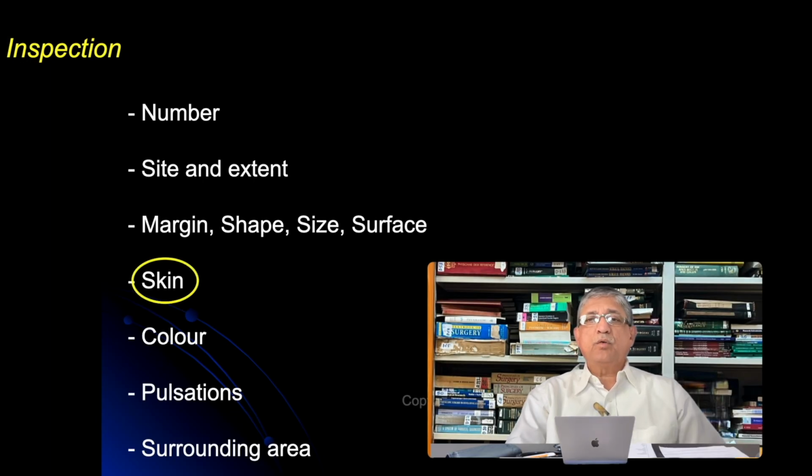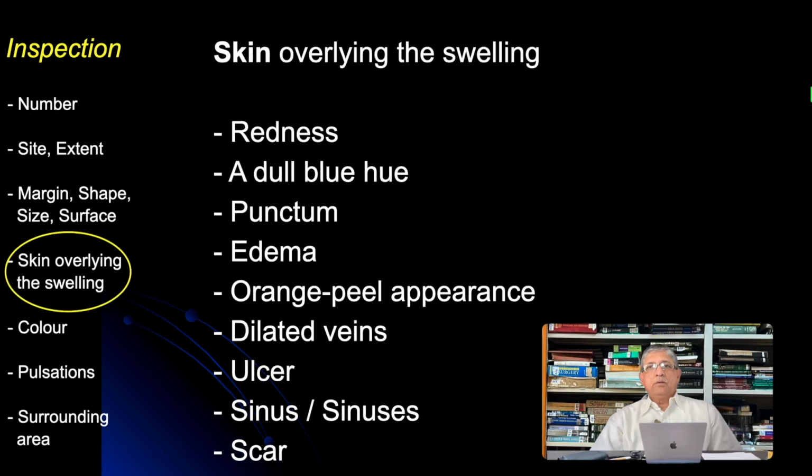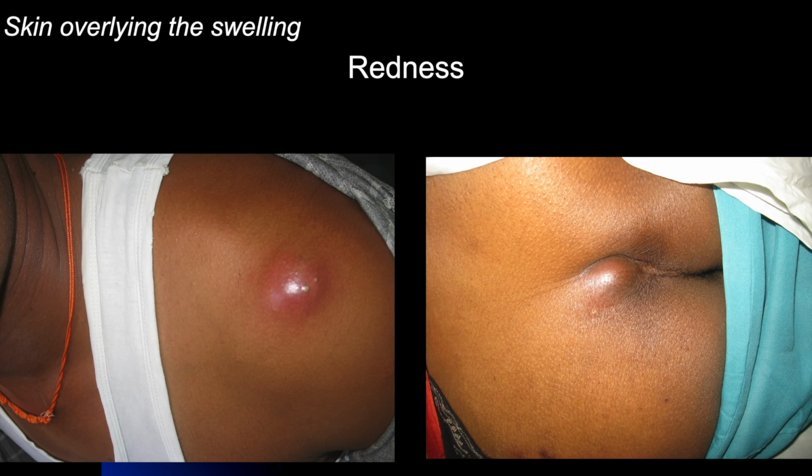Is the skin overlying the swelling normal or otherwise? Skin overlying a swelling may be normal, but if it shows any of these abnormalities, then that will aid in the process of coming to diagnosis. Redness is seen in acute inflammatory swellings. These were acute pyogenic abscesses.